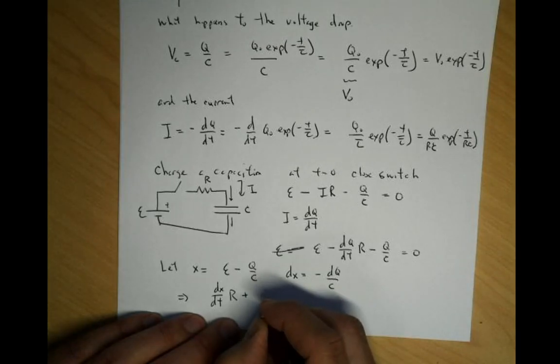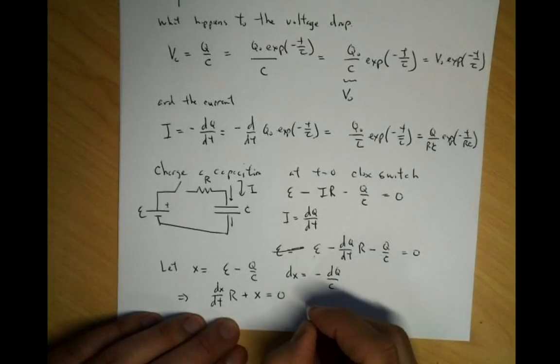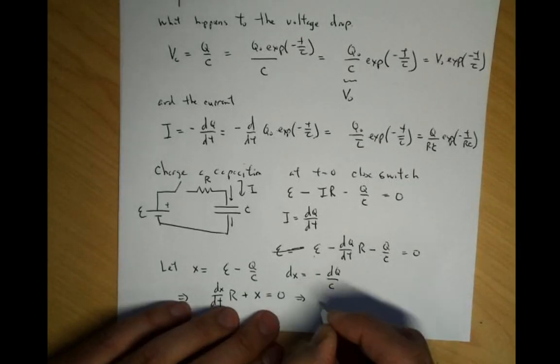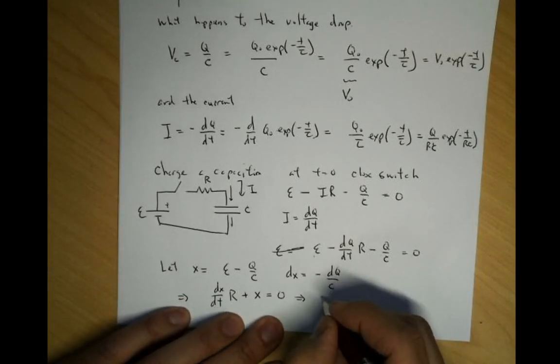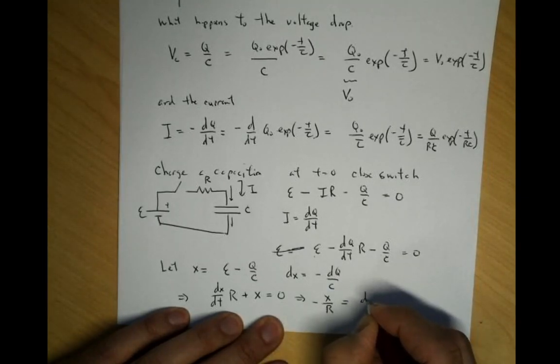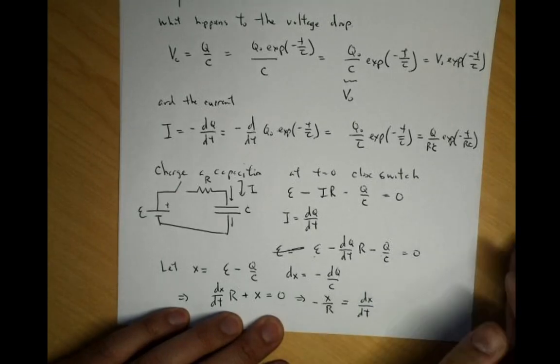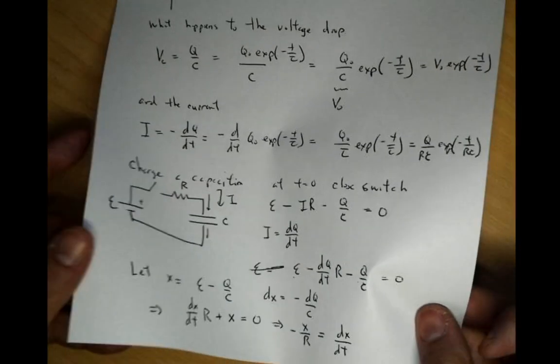Let's see now, epsilon minus epsilon plus x goes to 0. And so that's the same as writing x over R with a minus sign is equal to dx/dt. So I solve the same way as I did before.